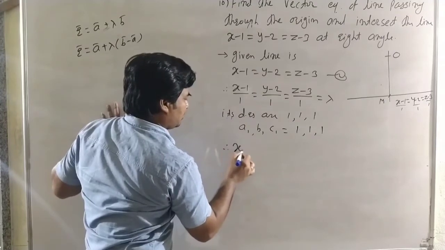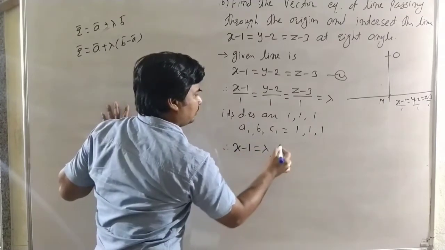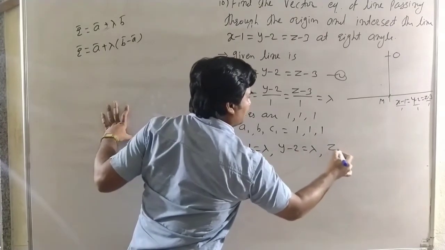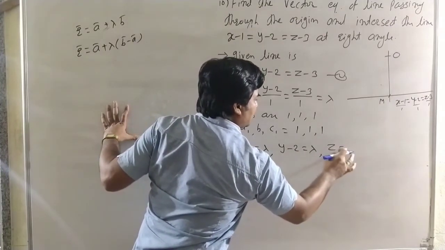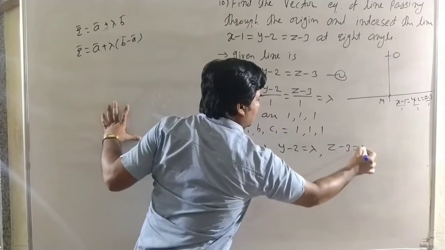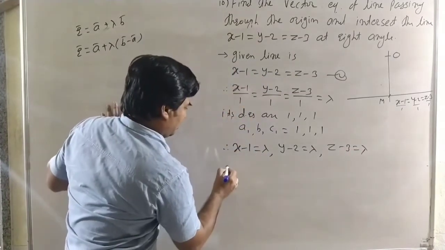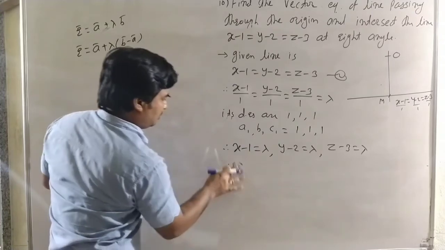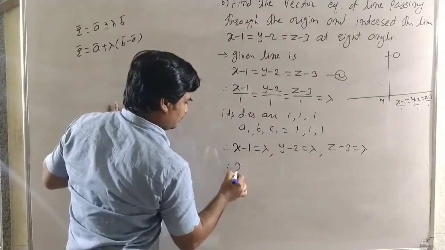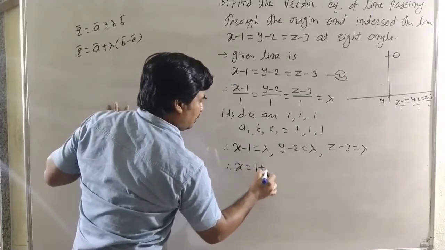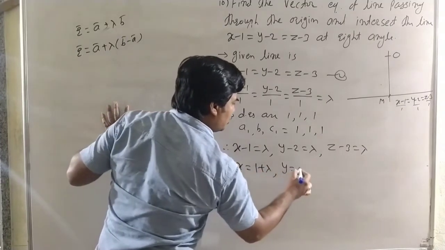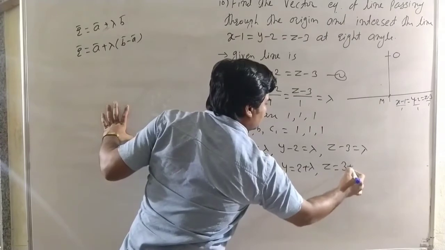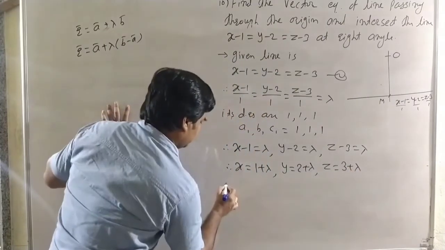Now we find any point on the line. Therefore we can write x minus 1 is equal to lambda, y minus 2 is equal to lambda, and z minus 3 is also lambda. Therefore x is equal to 1 plus lambda, y is equal to 2 plus lambda, and z is equal to 3 plus lambda.